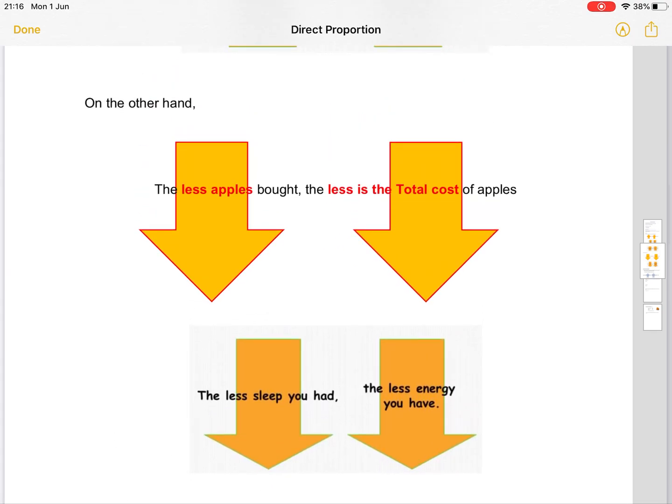So, when two quantities are decreasing at the same time, okay, if you buy less apples, then your total cost would be less, and if you sleep less, then you have less energy, all right? Then we are talking about the direct proportion because the two quantities are both decreasing, all right?